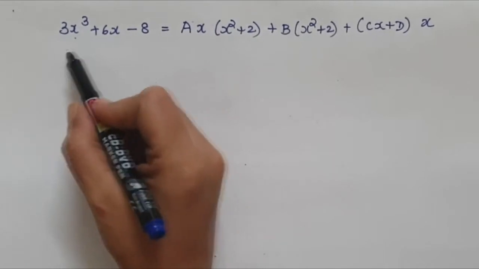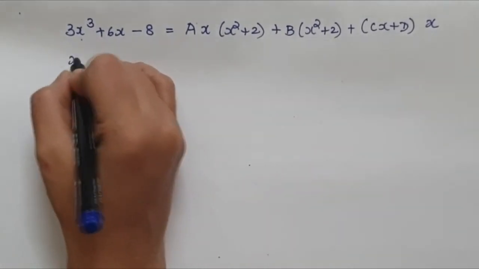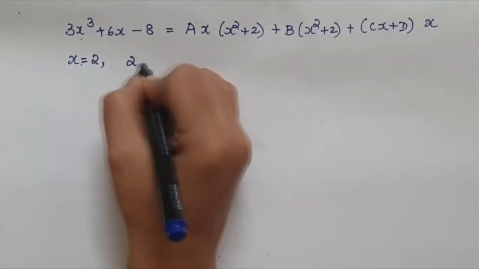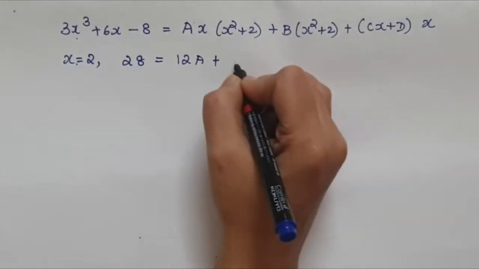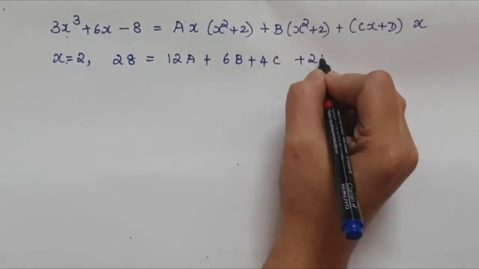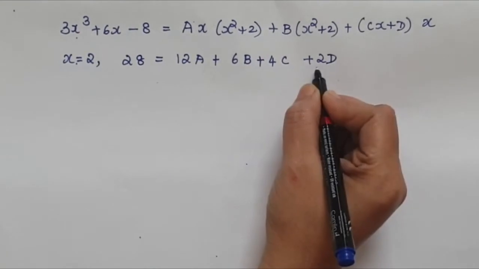Now, for our convenience, I have written the expression again. In this expression, we will substitute x equal to 2. We get 28 equal to 12a plus 6b plus 4c plus 2d. Now, this entire expression can be divided by 2.